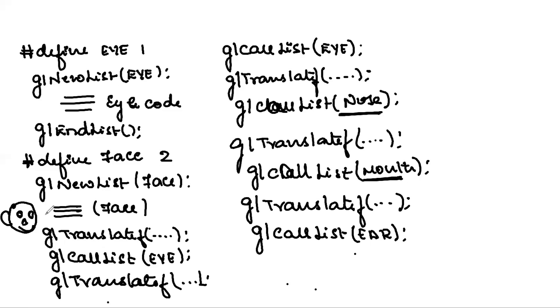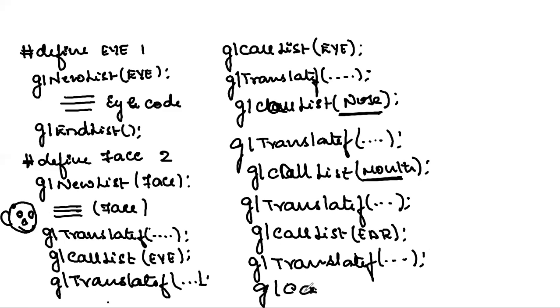After this, we want one more ear. So next we need glTranslatef with the arguments, and similarly glCallList again with the ear. Once this is done, the ears are generated for us. So now I think we have finished with all the required parts.